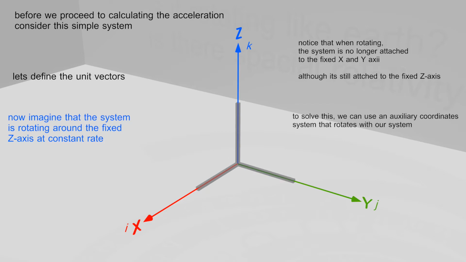And to solve this issue, we will use auxiliary coordinates and make them rotate with our system.